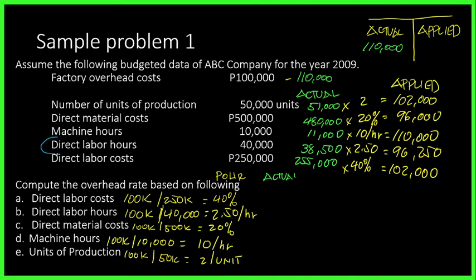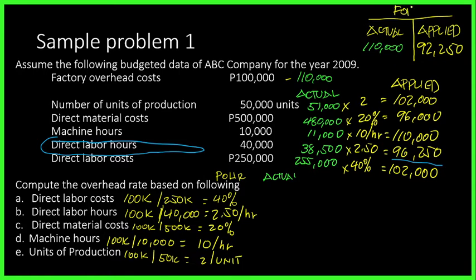Let's choose direct labor hours. Assuming we are applying our factory overhead using direct labor hours of 38,500, our applied will now be 96,250. Okay, so hindi siya balance, no?